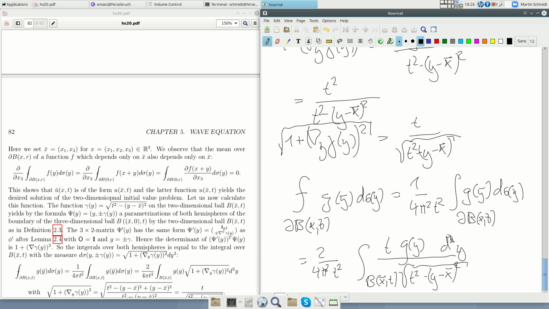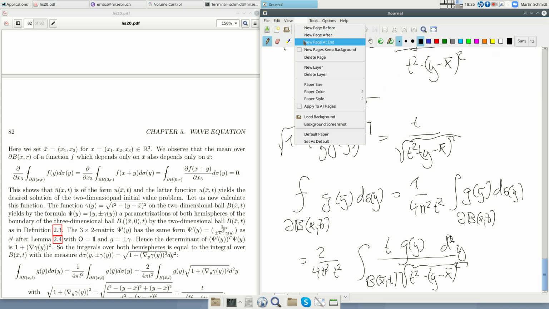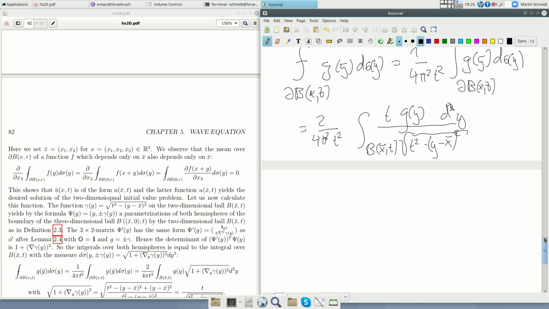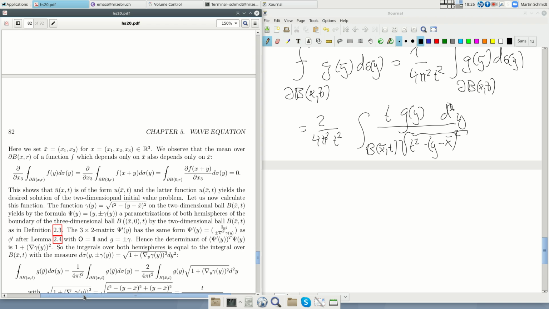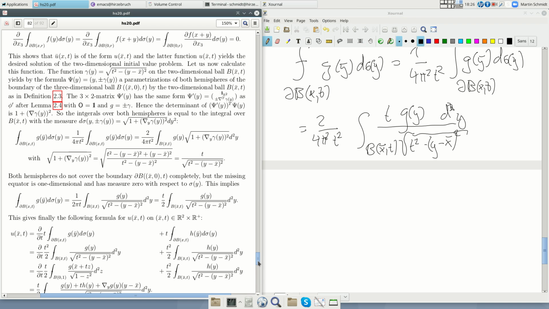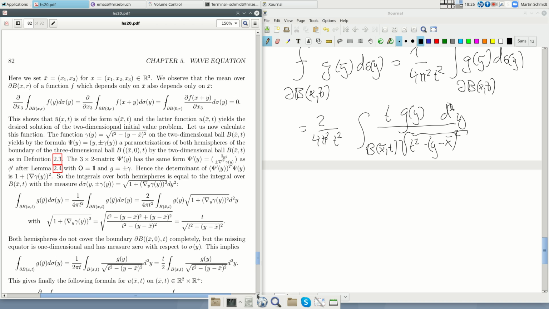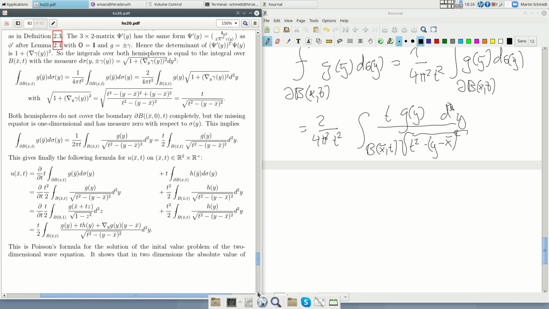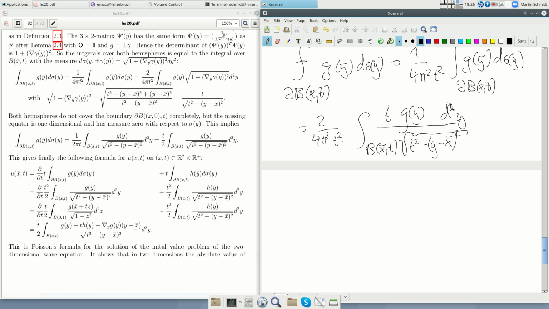And okay, now we can put out the t, and cancel the 2 and this t, and so we get 1 divided by 2p square. Sorry, it's not p square.